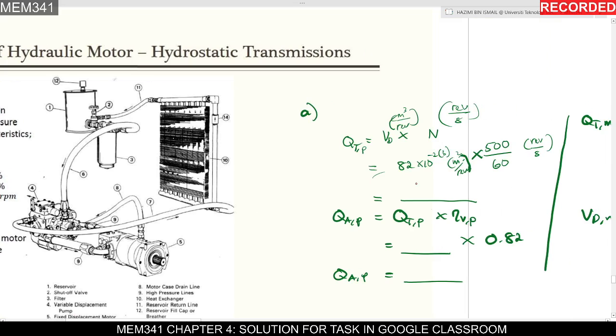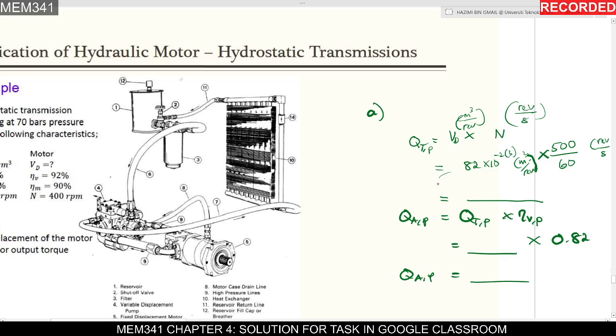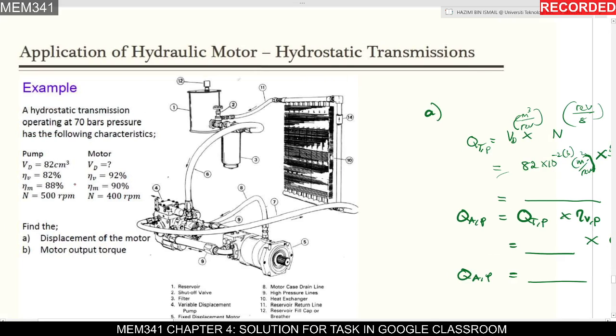Okay, so 82 times 10 to the power of minus 2, times the power of 3 here because of meter cube, so we have to multiply with 3. And this value is given here for the pump.